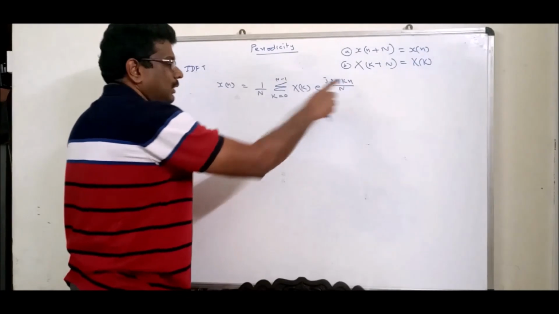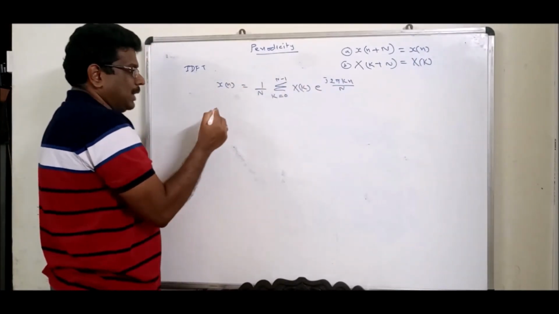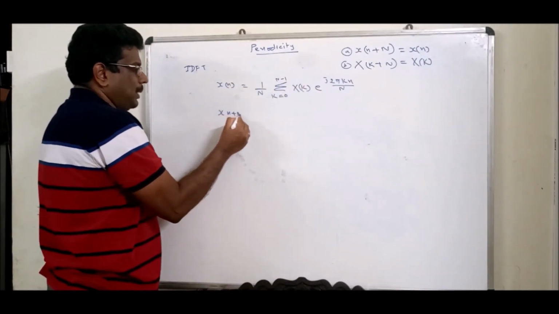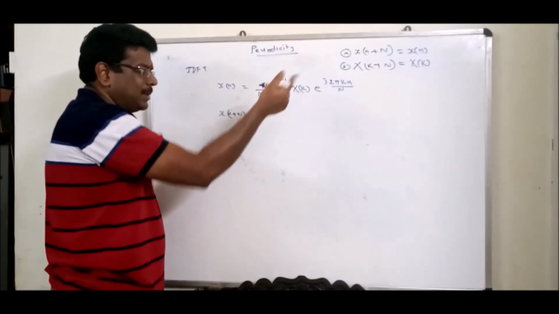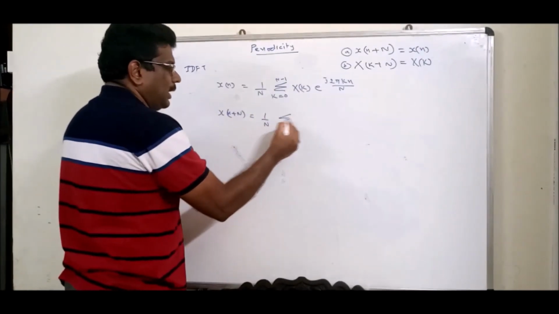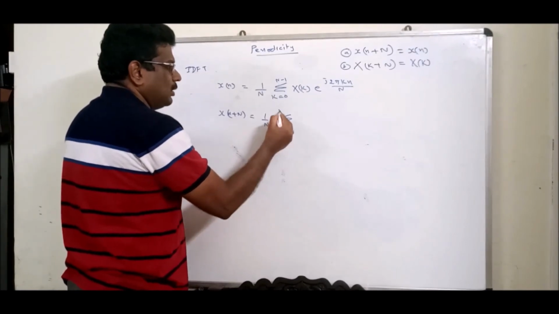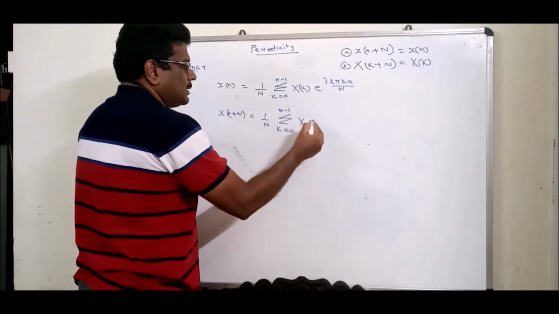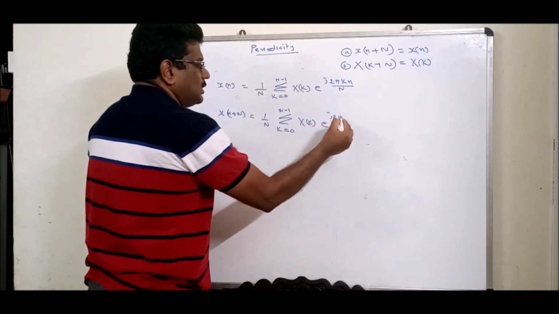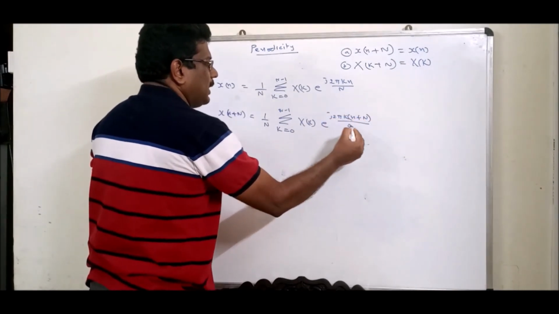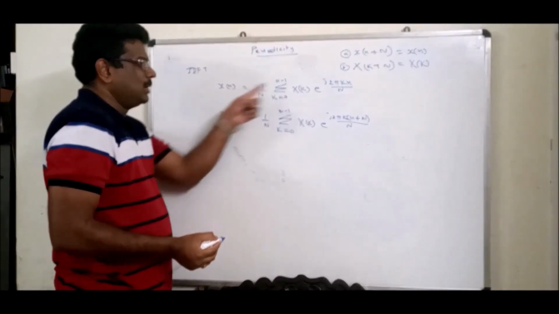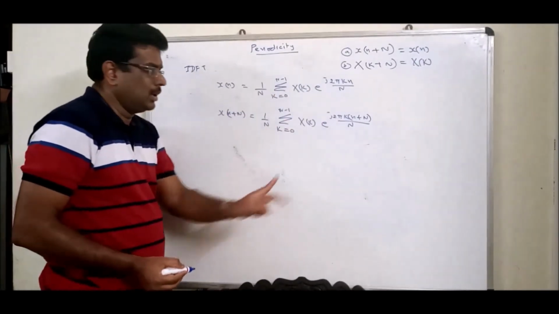If it is n plus capital N, obviously the same rule applies: 1 by N, k equal to 0 to N minus 1 x of k, e power j 2 pi k into n plus capital N by capital N. Just n plus N. Break it.